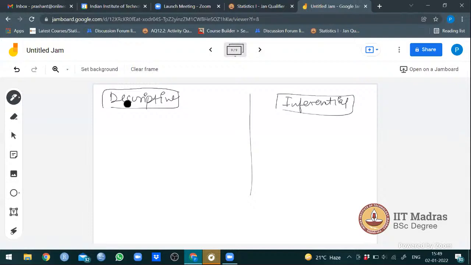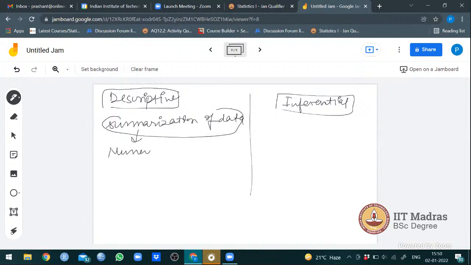Descriptive statistics is something in which we are concerned with the description and summarization of the data. What is the meaning of description and summarization? Suppose I'm saying summarization of the data. The simple meaning is that you are summarizing the data, which can be a numerical or graphical summary.